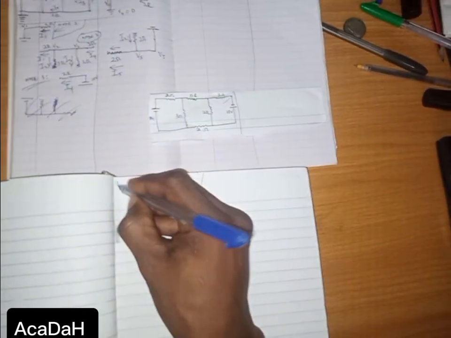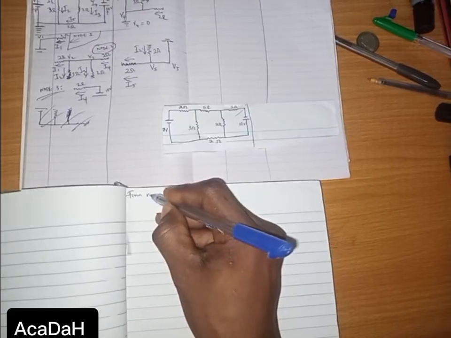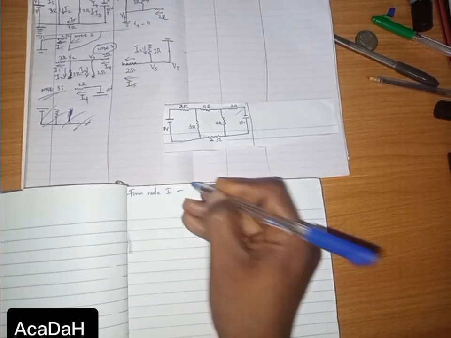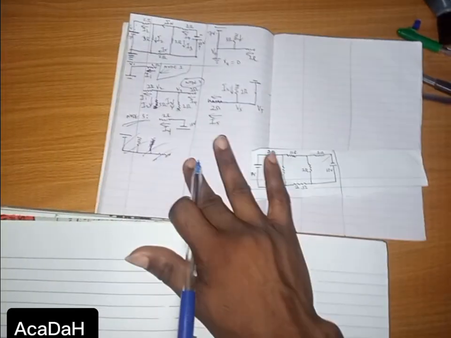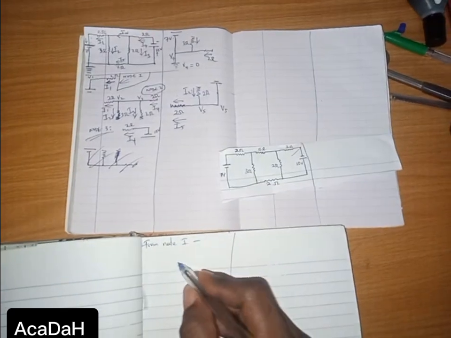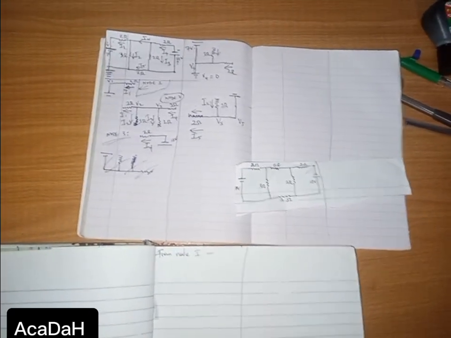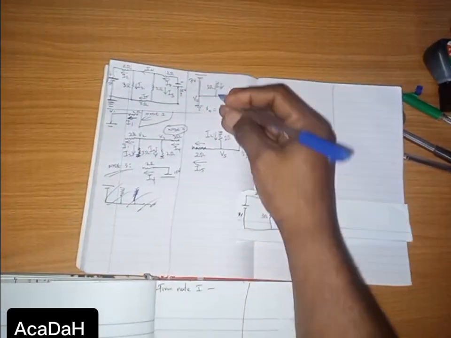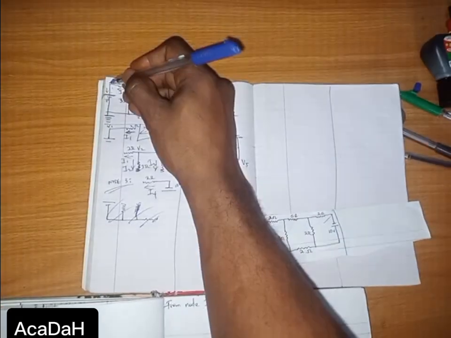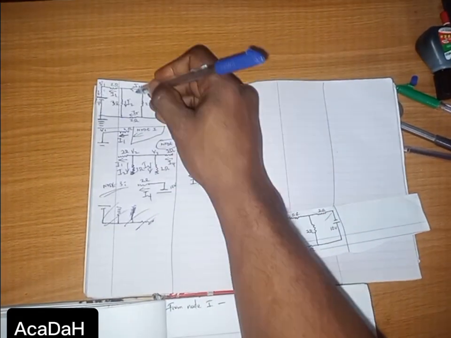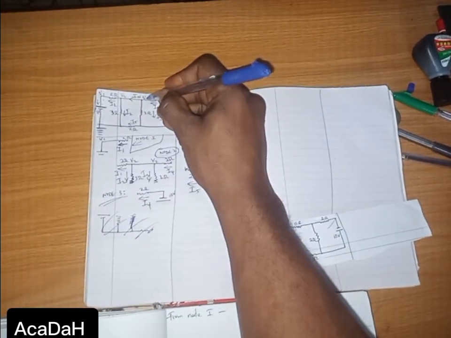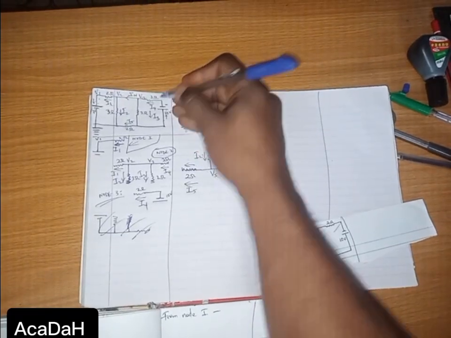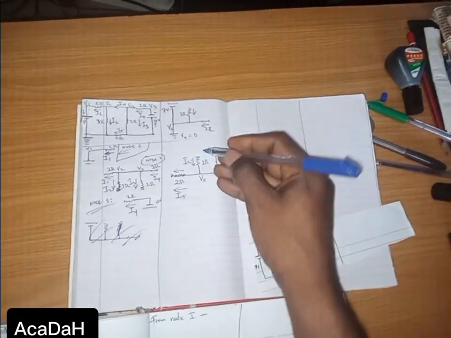Notice that if this is what we did here, this is V1, and that means this is V2, and this is V3.